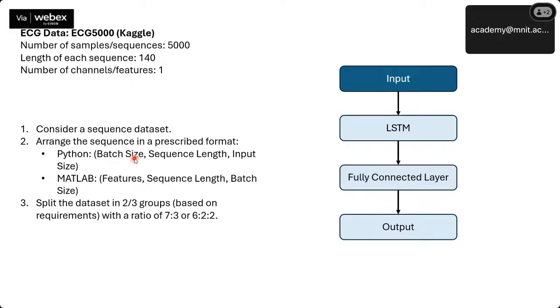Sequence length can vary. It could have 140 time steps, it could have 160 time steps. It doesn't really matter. Input size matters. Input size you have to keep the same as the channel size that you are considering. Right now, our channel size is 1. That is why our input size in this case will be 1. So if I want to process two data at a time, then I will consider batch size as 2.